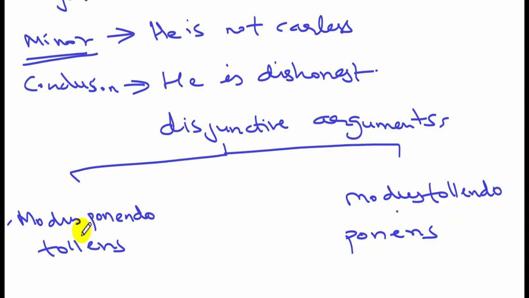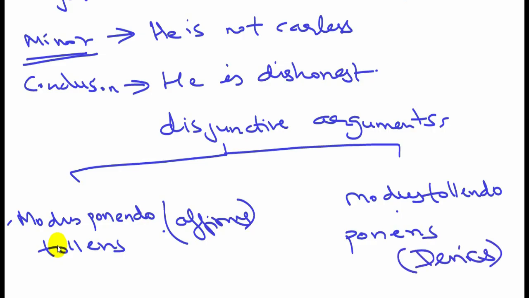And when the affirmation part comes, then we go to modus ponendo tollens. So modus ponendo tollens affirms, and modus tollendo ponens denies. Denies what? Either of the two alternatives. And affirms what? Affirms either of the two alternatives.